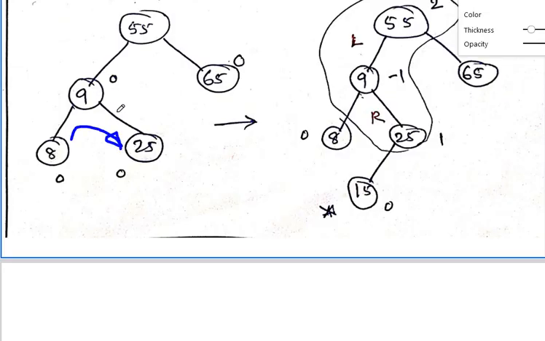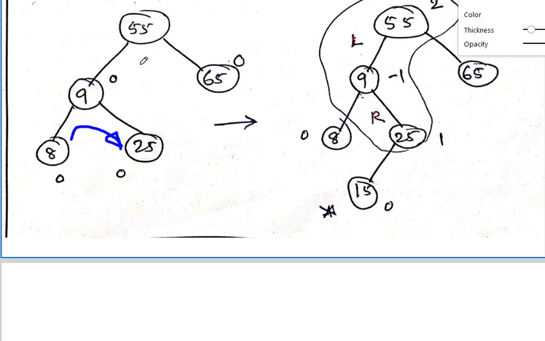So once it is left rotation, 9, which is the second element of these three elements 8, 9 and 25, will become the root, the right will be 25 and left of 9 will be 8.